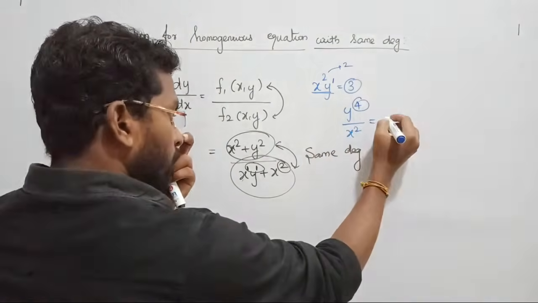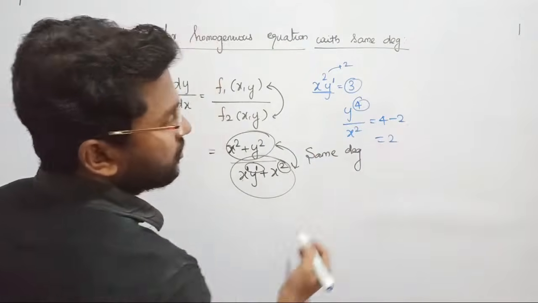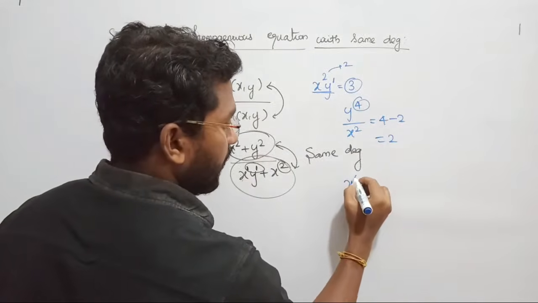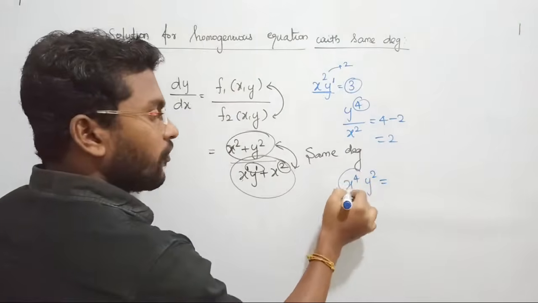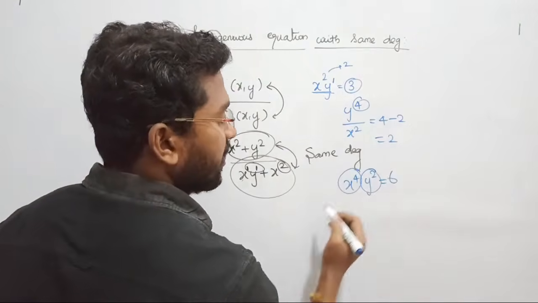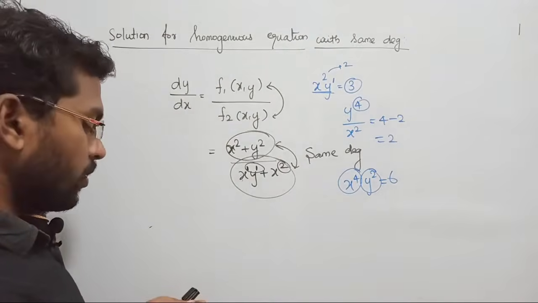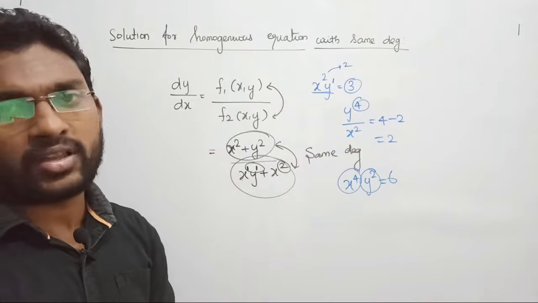Numerator degree 4 minus denominator degree 2, so its total degree is 2 only. Clear? Similarly, if I have a term x power 4 into y power 2, it is offering 4 and 2, so its degree is 6 for normal equations. Clear? Okay, fine. See, degree means the highest power of the term you select.